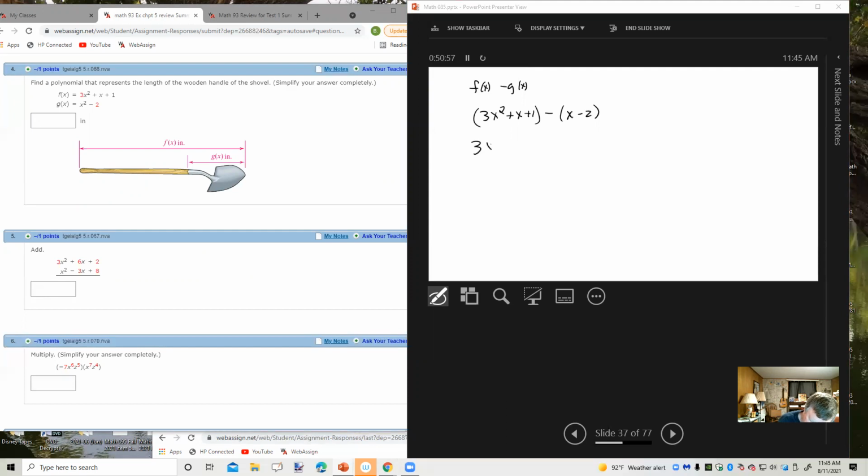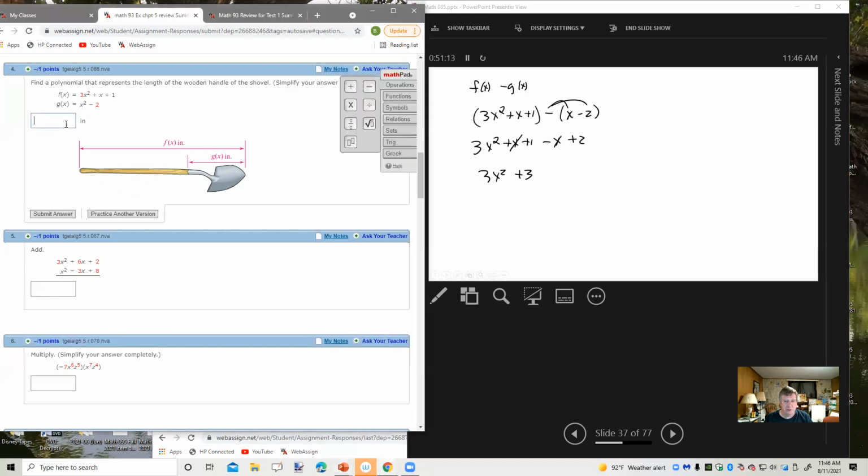So it should be 3x squared plus x plus 1 minus x, minus times minus is plus 2. Combining like terms, 3x squared plus 3, because the x's cancel. And that is units of inches.